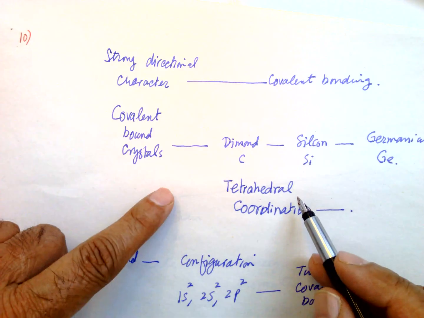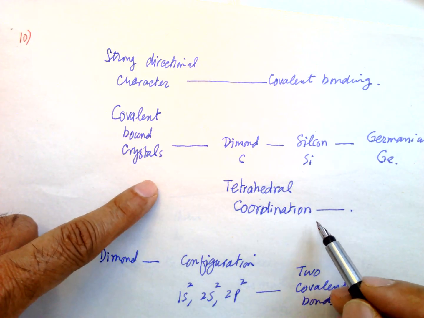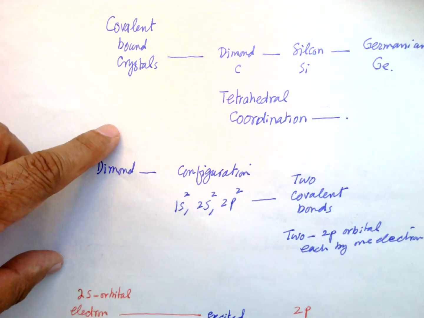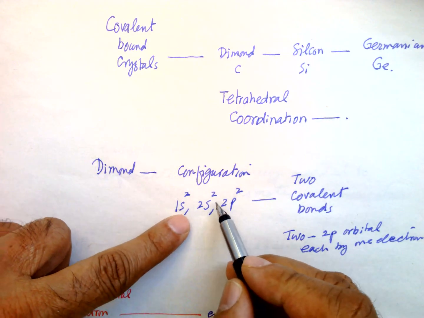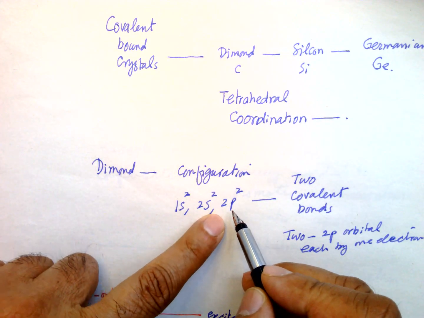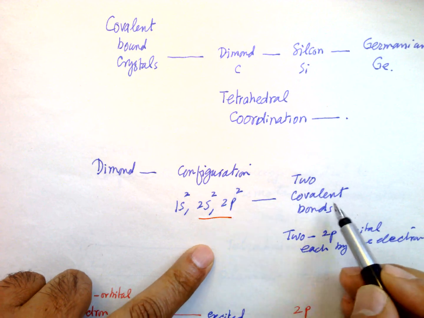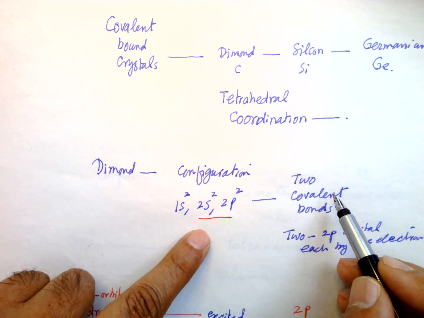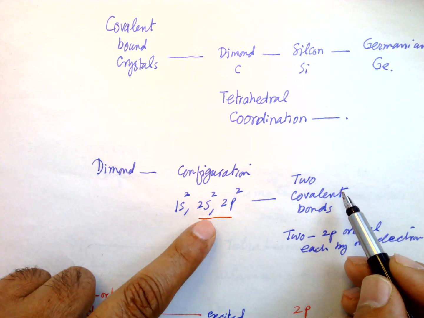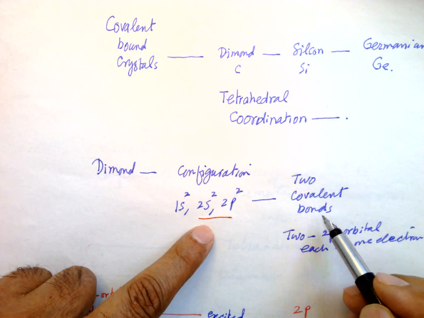This is a tetrahedral coordination. Carbon's configuration is 1s2, 2s2, 2p2, and these orbitals will be involved in covalent bonding.